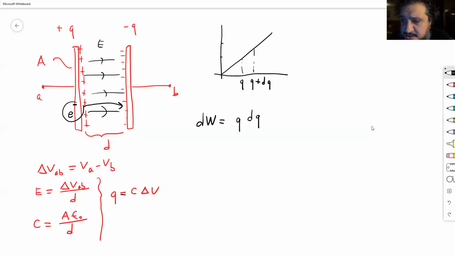Each time you add the charge, you're increasing the potential as well. So if I divide this by C, all right, Q over C. See, what is work?